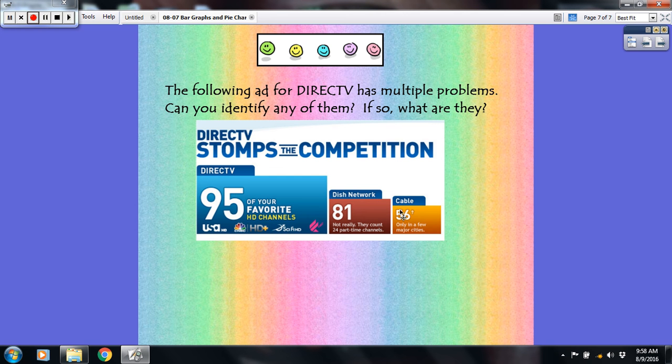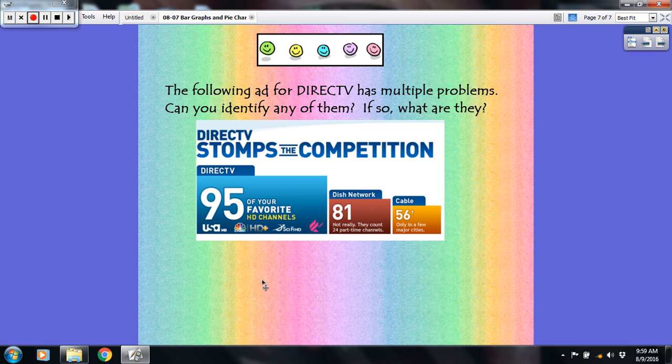Is 56 large enough to represent 56 in comparison to 95? So this advertisement has several problems in terms of actually being a good math representation of DirecTV versus Dish Network and cable.